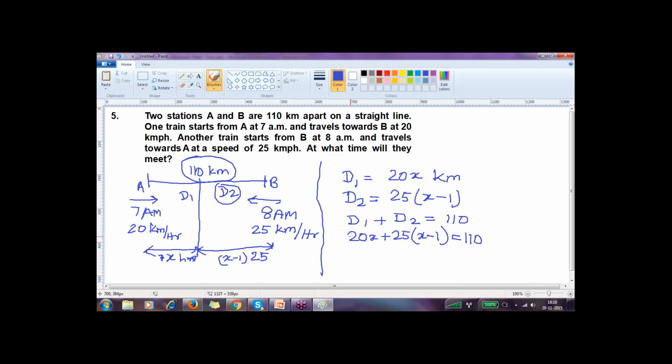Can you solve it and tell me the value of x? Do it. Yes, Swapnil. It is x is equal to 3 hours. Quite fast. You did it quite fast, right? x is equal to 3 hours.